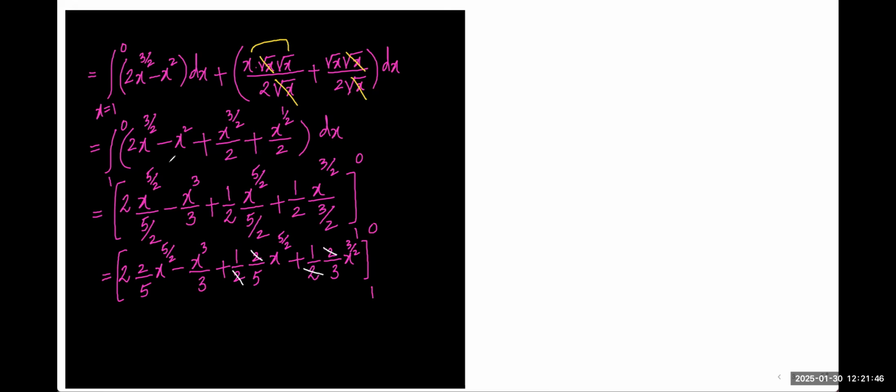Upper limit we are not getting anything. Be careful. So that is, upper limit we are getting 0. This is our upper limit 0, minus lower limit. Wherever x is there, put 1. So 2 to the 4, 4 by 5, minus 1 by 3, plus 1 by 5, plus 1 by 3.